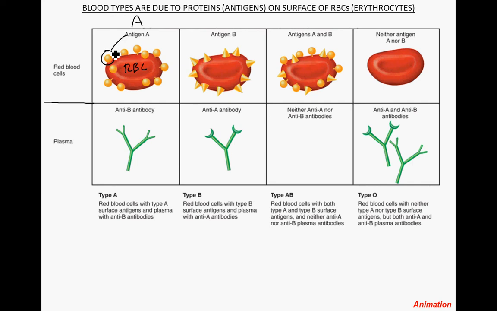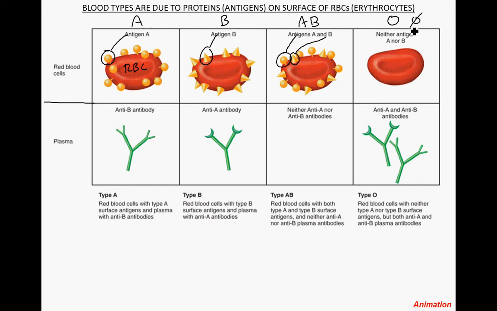If you're blood type B, then your red blood cells have a B antigen on the surface. If you're blood type AB, then you have both A antigens and B antigens on your surface. And if you are blood type O, then you do not have either A nor B. You have neither A nor B. I sometimes also think of this as a zero, right? There are zero antigens on the cell surface.